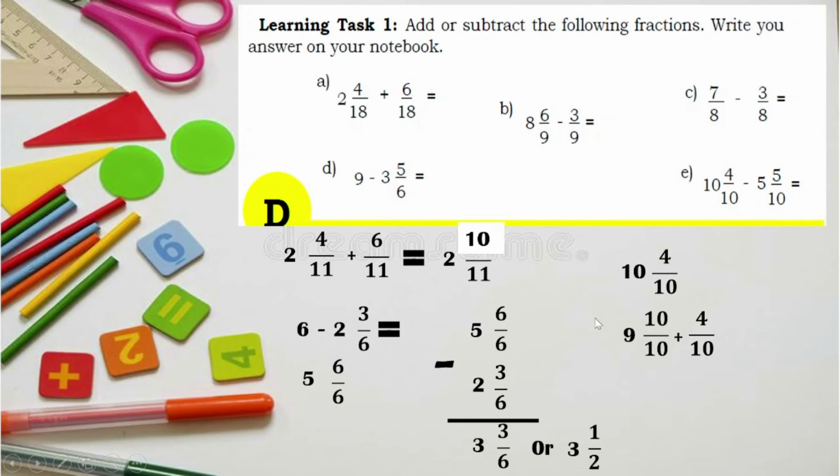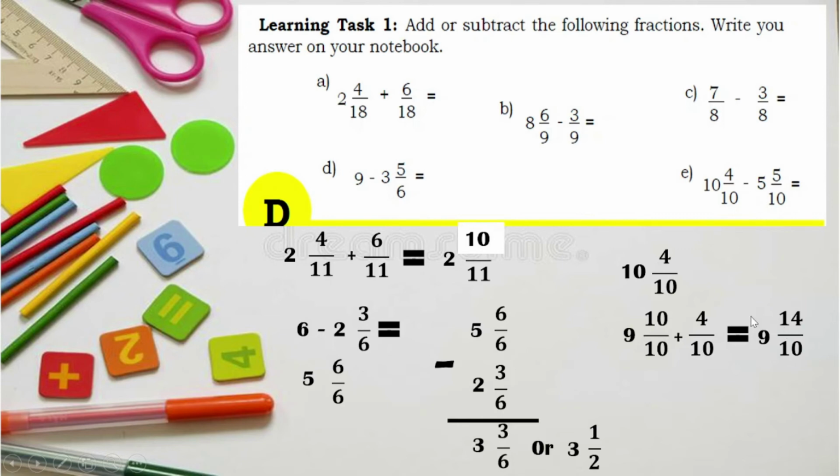Parehas yung kanina, yung 9 plus 1. So, yung ginawa kong fraction ay 10 over 10 para magkapareha sila ng denominator. So, ayan, binaba ko lang itong 4 over 10. Proceed na tayo sa addition. So, equals. Copy yung 9. Whole number 10 plus 4 is 14 over 10.